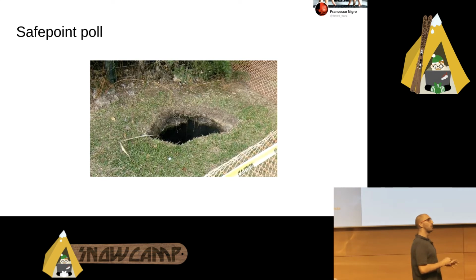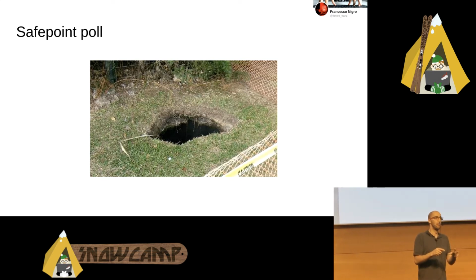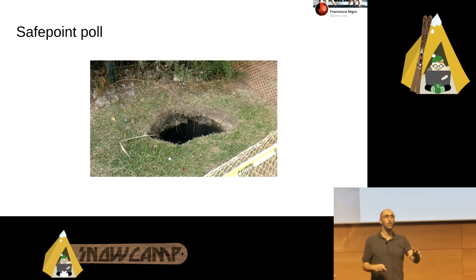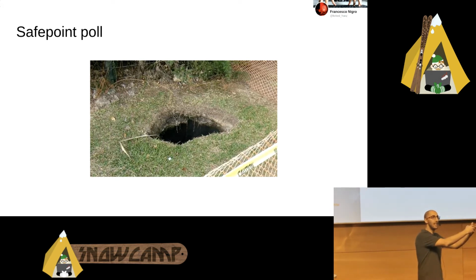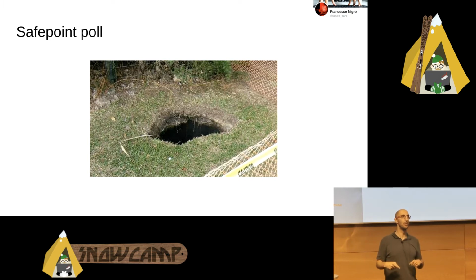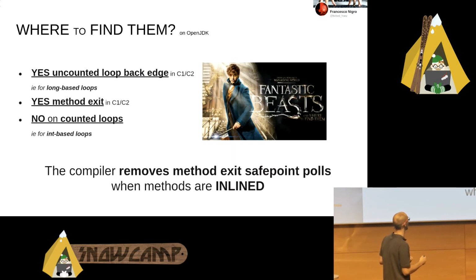Even this part creates some kind of problem if you think about it, because if you have one part of your code that is performing some very heavy work, and the safepoint poll is right after, it means that it will make all the other threads wait until it is at the safepoint. Because the safepoint is a collaborative thing. Everyone needs to go there. But everyone needs to go there together. So they have to wait. That's very key for the next part of the presentation.